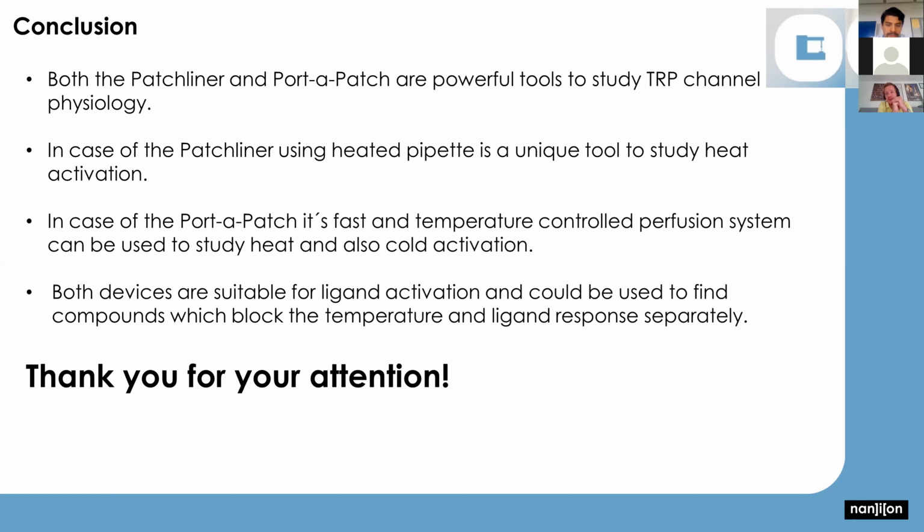Maybe it's a feature of the channel, but also on the PortaPatch it seems to be slower, so I don't think it's any machine-related thing. I would say it's maybe a feature of the channel that it's activating slower. They were different kinds of cells, not the same source. And in both cases, the activation seems to be a bit slower than the 3P1 and the 3P3, for example.